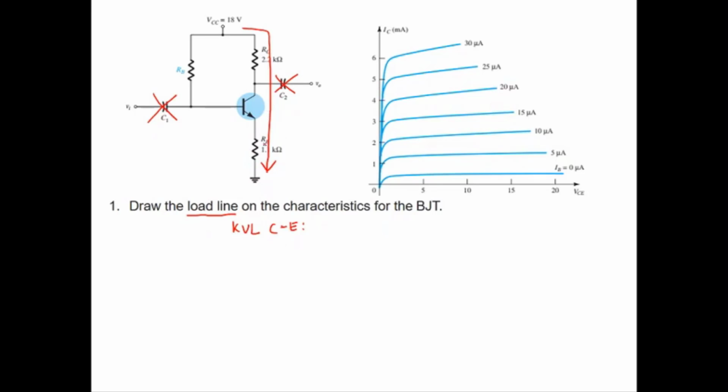So the KVL is minus 18 plus IC times 2.2K, then between collector and emitter we have VCE, plus VCE plus IE times 1.1K, equal to 0. This is IC, this is IE.